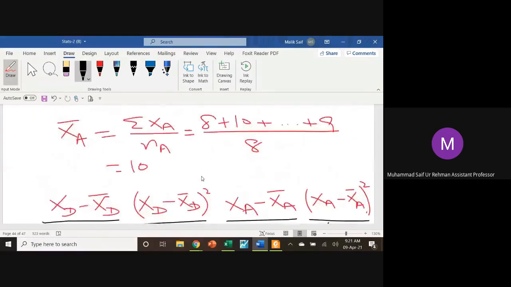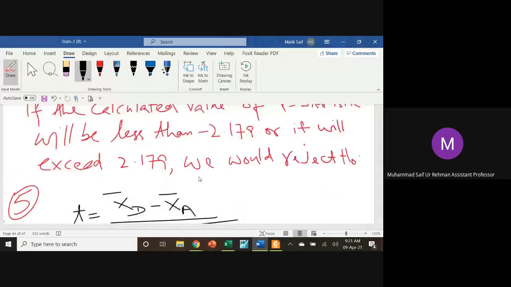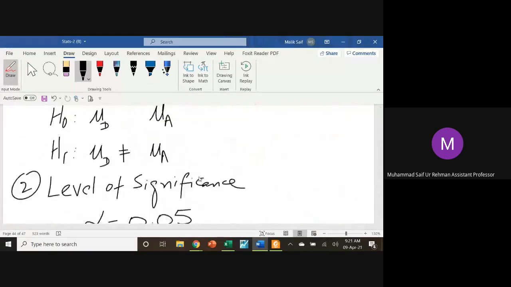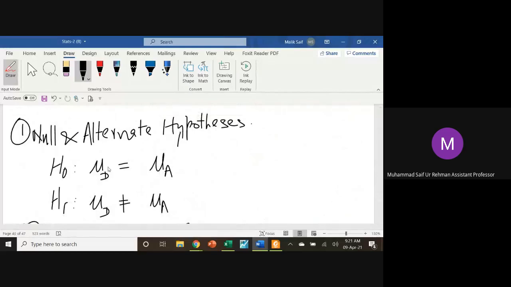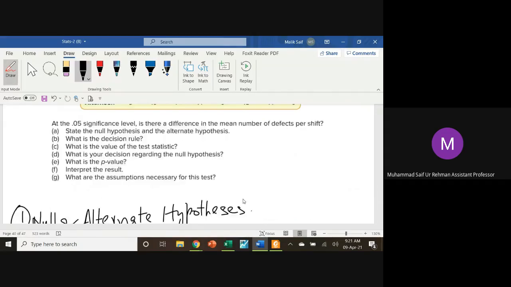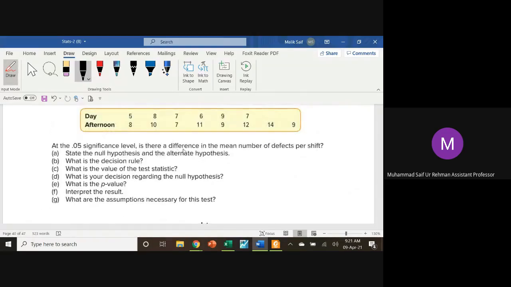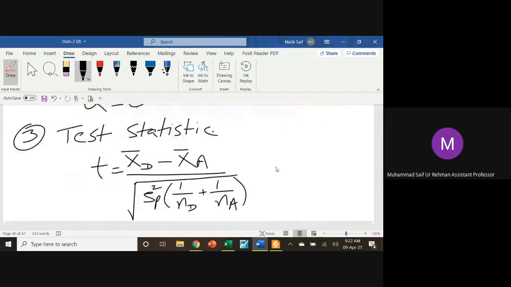You are going to reject H naught. See, this is your null hypothesis. You are going to reject this, which means you are going to accept the alternate hypothesis. And what is there? Is there a difference in the mean number of defects per shift? So you will say yes, there is a difference in the mean number of defects per shift.